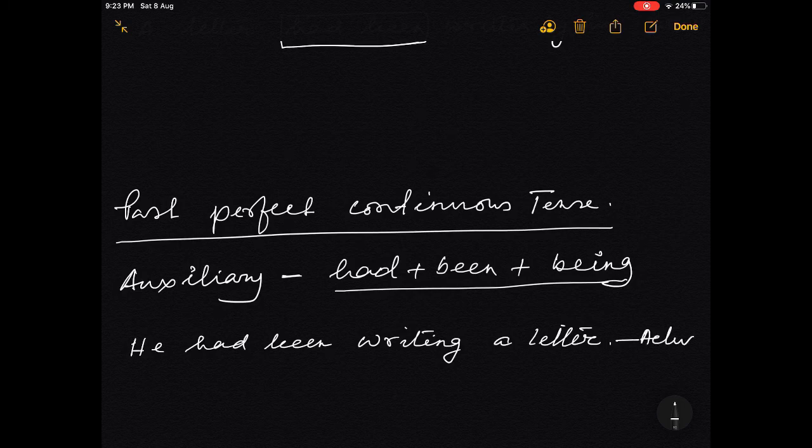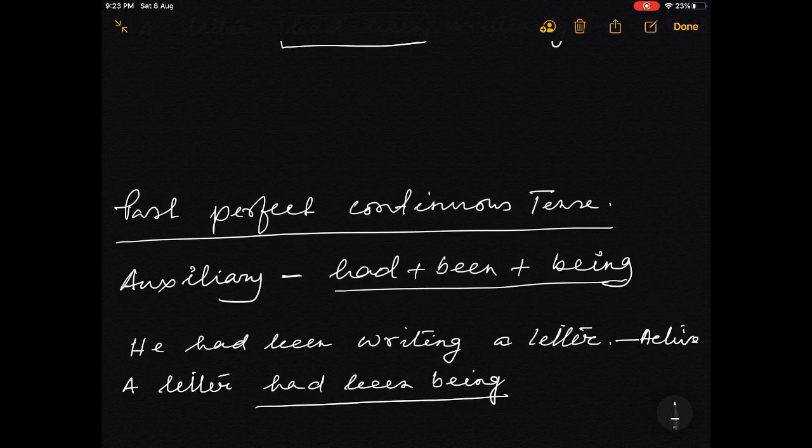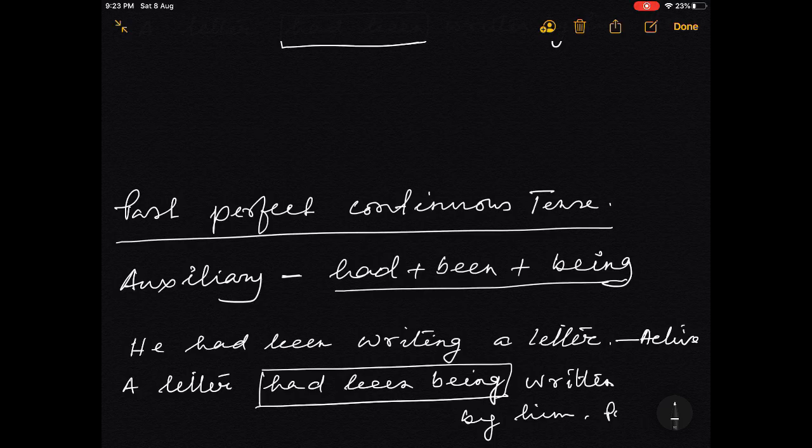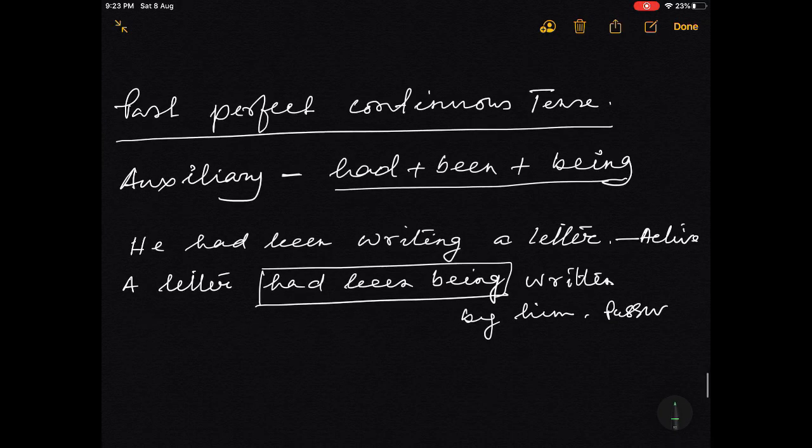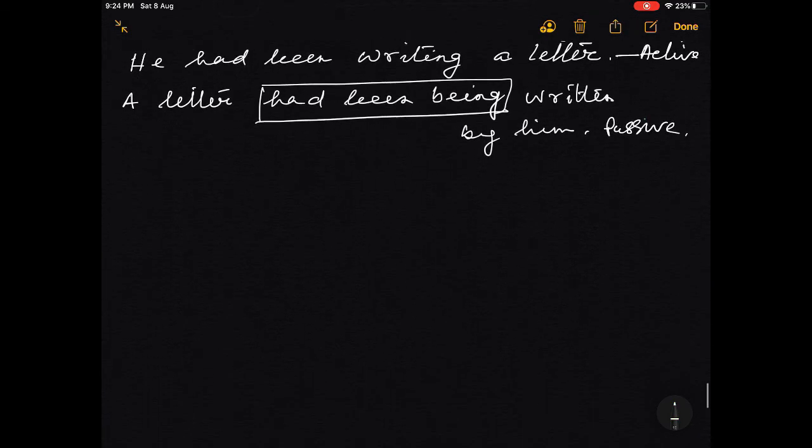Is active. The passive is a letter had been being written, written everywhere, no change, by him. This is passive voice. Now future indefinite.